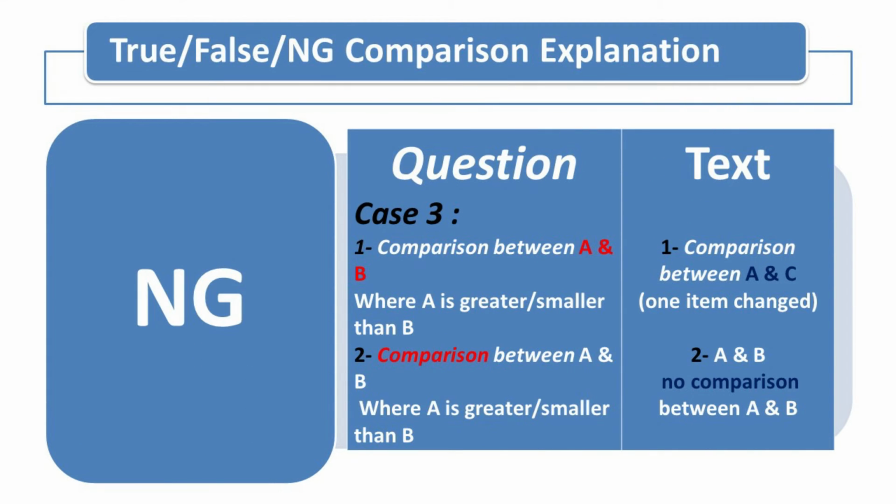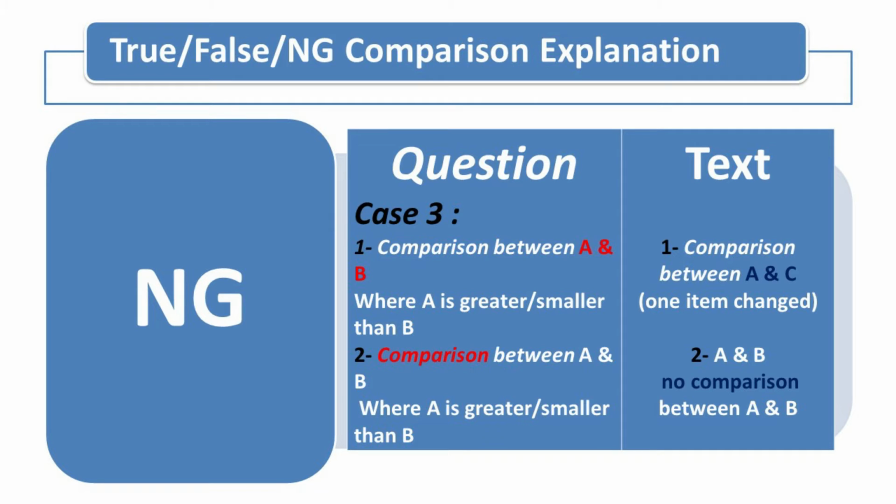When it comes to not given, we have two different scenarios. In the first scenario, we have two items, again A and B, and there is a comparison being made between both these items. But when we go to the text to verify it, we notice that one of the items in the comparison has actually been changed.